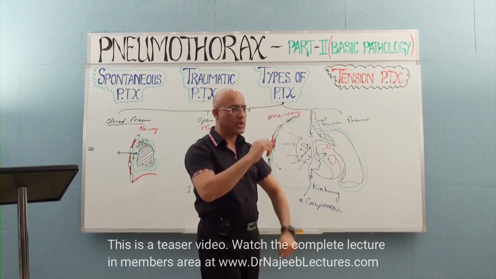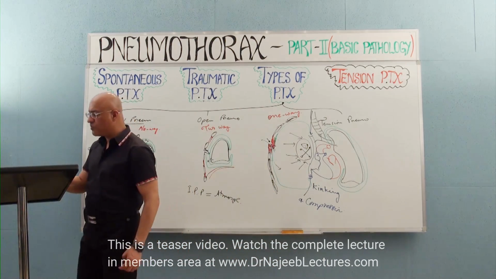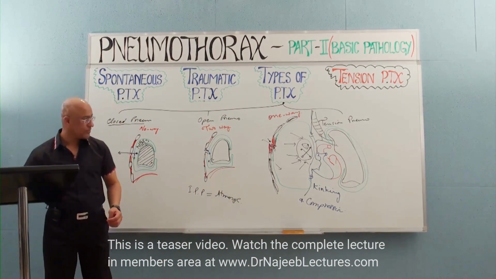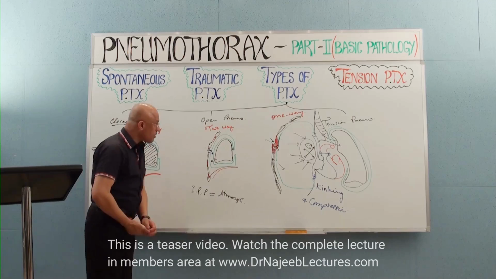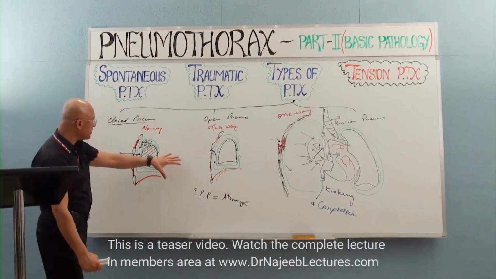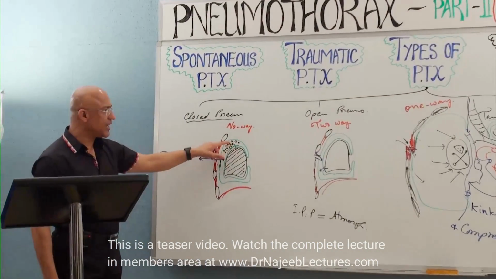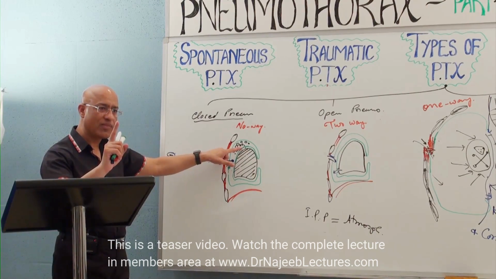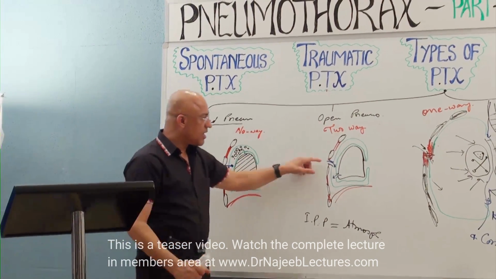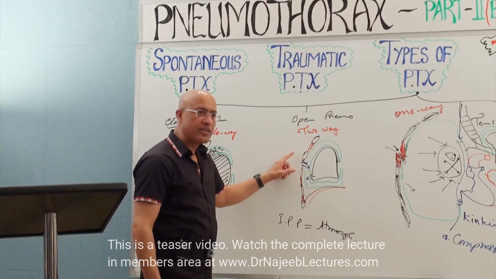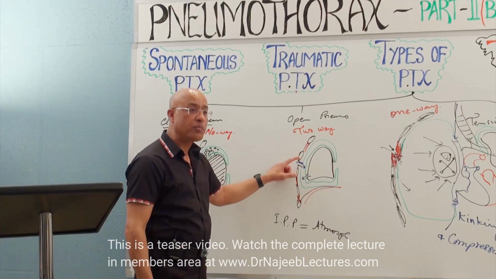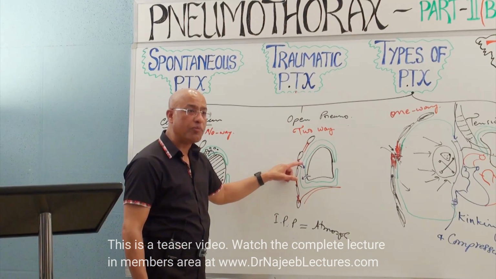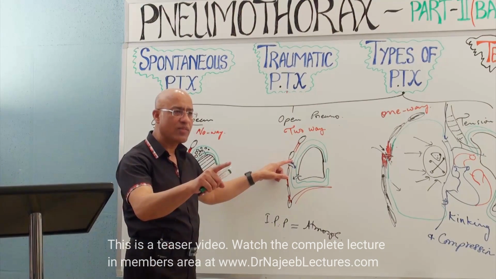So how would you diagnose this patient? Let's do it methodically, step by step, right? Before I go to the clinical features, again a brief review. Once the air escape and entry point closes, what is this kind of pneumothorax? Closed pneumothorax. If the entry point remains open during both parts of the respiratory cycle, inspiration and expiration, what is this kind of pneumothorax?